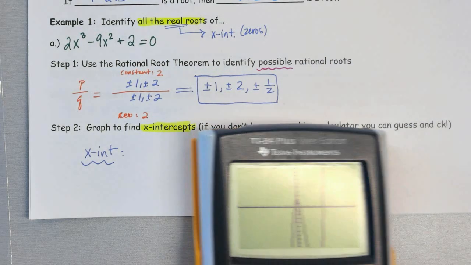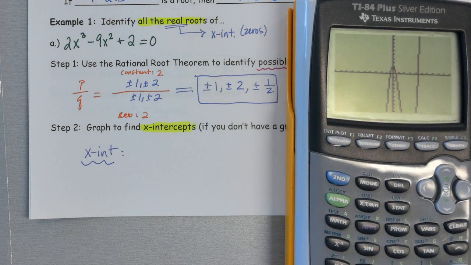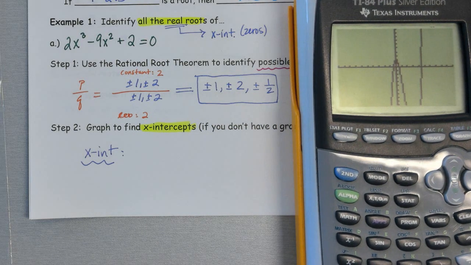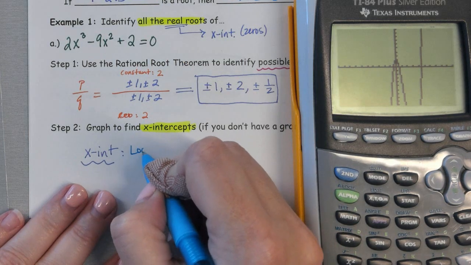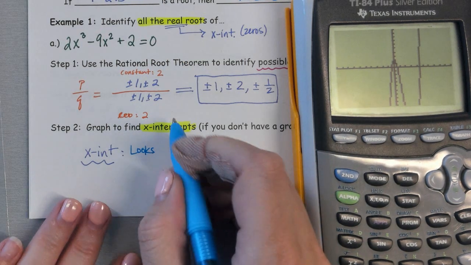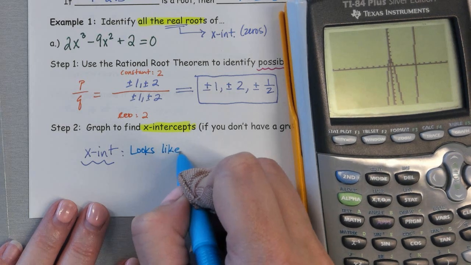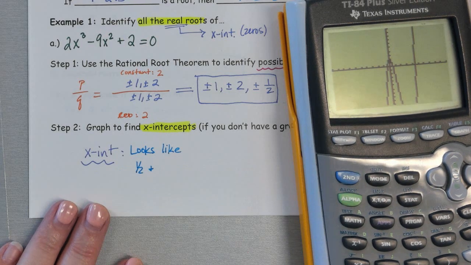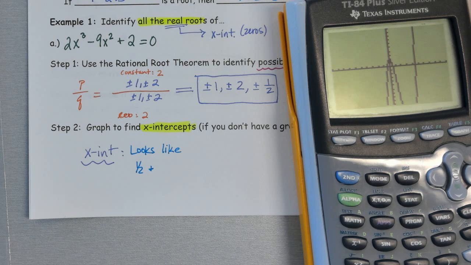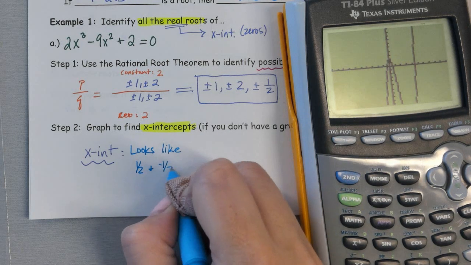If I use my list, what are 1 or 2 x-intercepts that look possible? Yeah, it looks like what? Okay, anything else? Yeah, to me it also looks like, doesn't it also look like negative 1/2 is possible? Doesn't it look like both of those are possible?